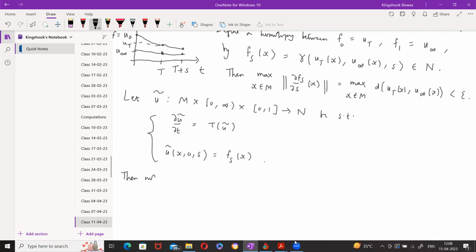Right. So then note that since u is a solution of the heat flow, u tilde will be just given by shifting the parameter, right?